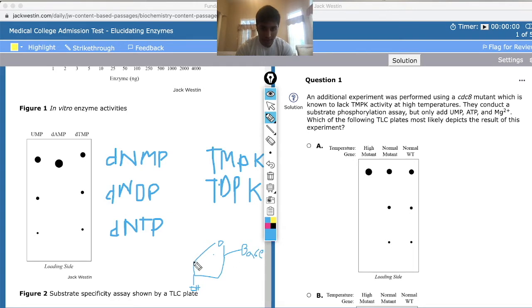And we're going to have 3 phosphate groups here.